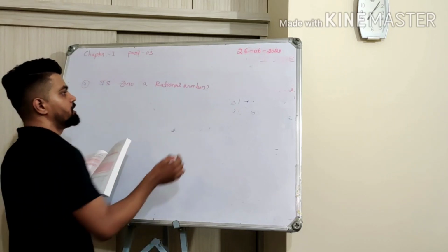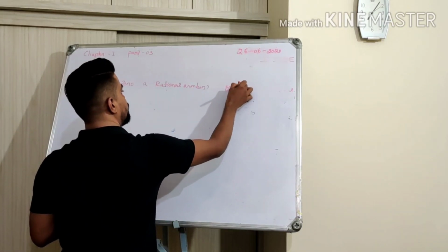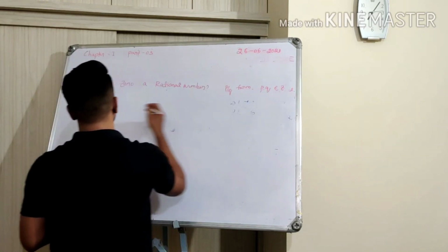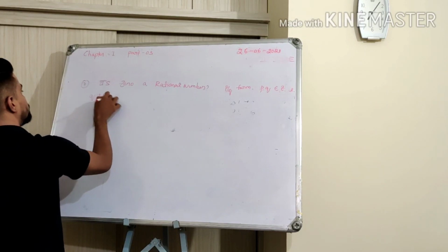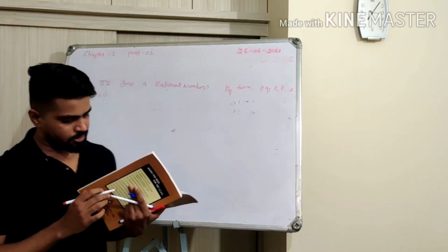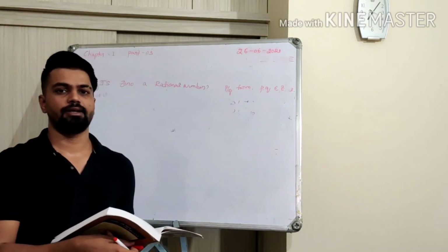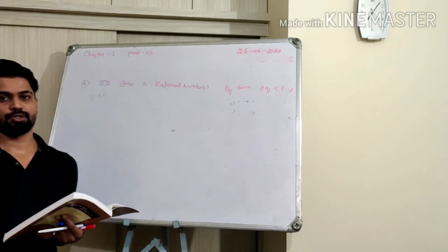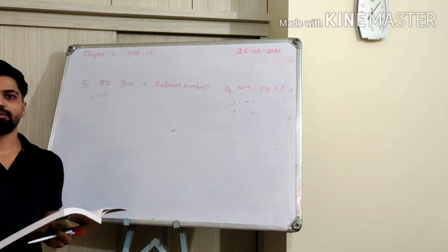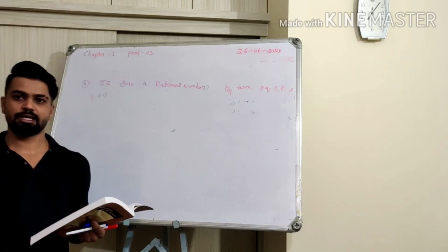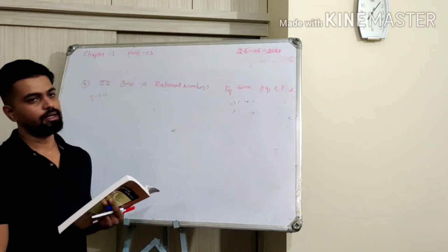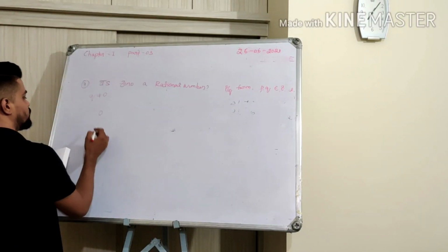Okay, can it be written in the p by q form, where p and q are integers and q is not equal to 0? Now this I discussed in the first class itself when I defined rational numbers, right? So is 0 a rational number? First you tell me. So 0 is coming under whole number, right? So 0 is coming under whole number means every whole number is a rational number, 0 must be a rational number. So how to write 0 in the p by q form?